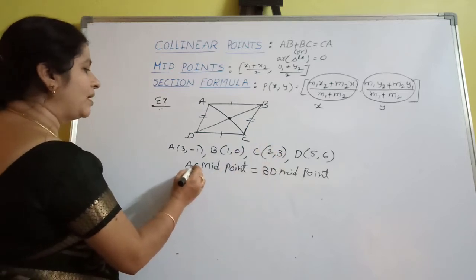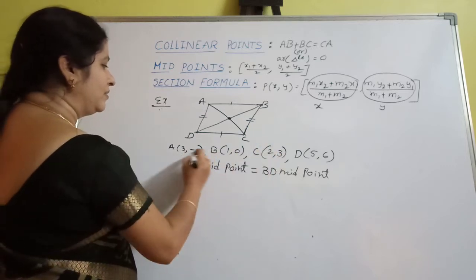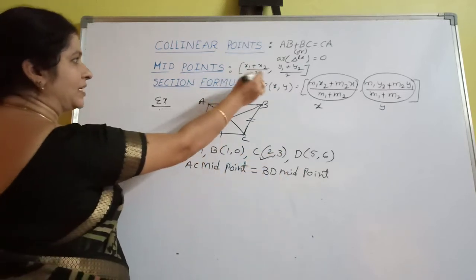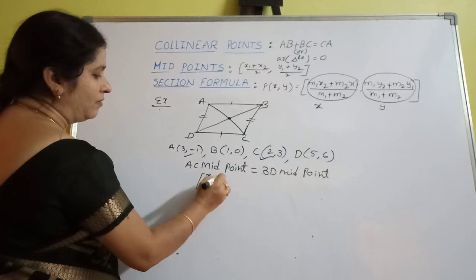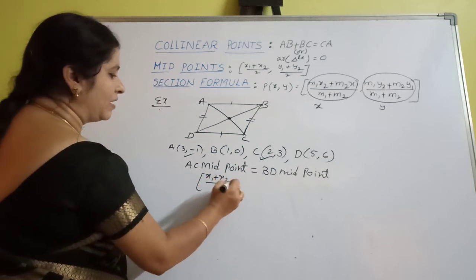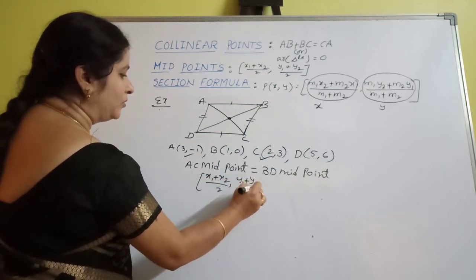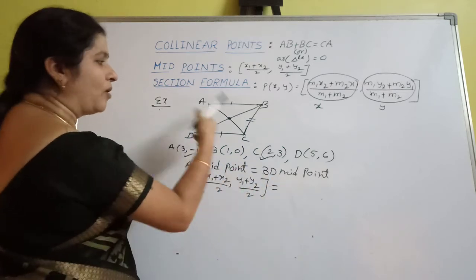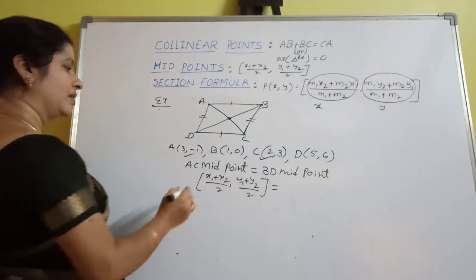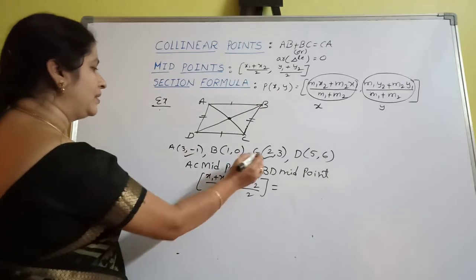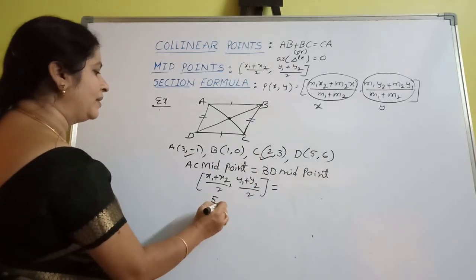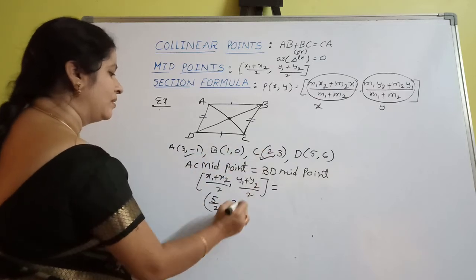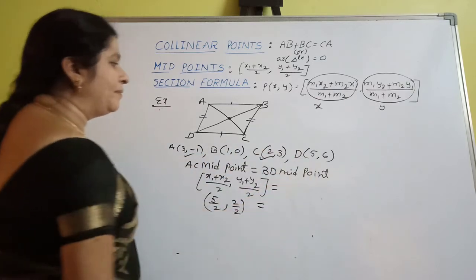So AC midpoint is equal to BD midpoint. In the midpoint formula, first we take AC, A and C. Midpoint formula is (x1 plus x2) by 2, (y1 plus y2) by 2. If you get the two values equal, then these 4 points make a parallelogram. So here, 3 plus 2, 5 by 2, and minus 1 plus 3, 2 by 2. Again you take the BD midpoint.